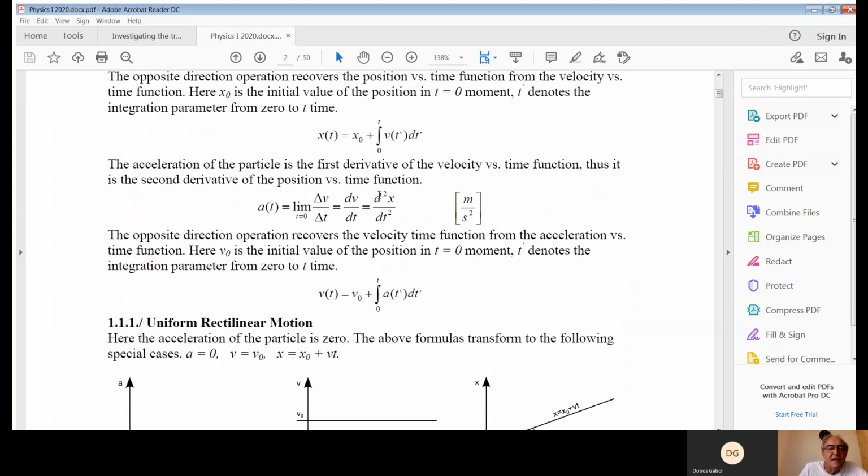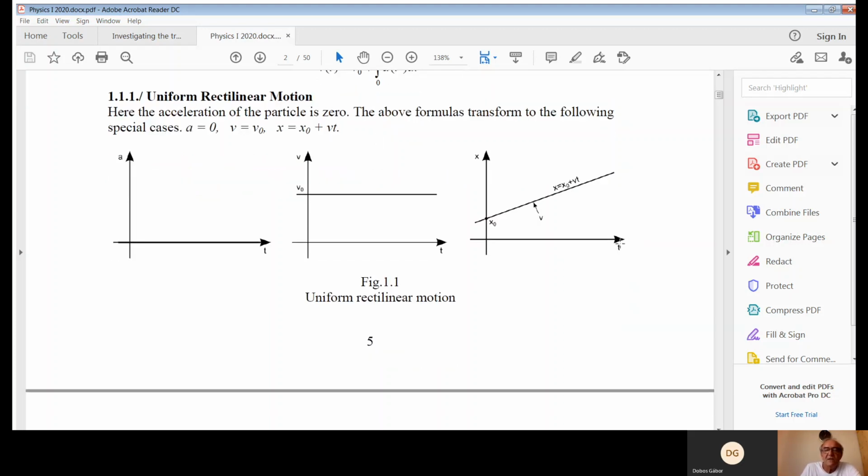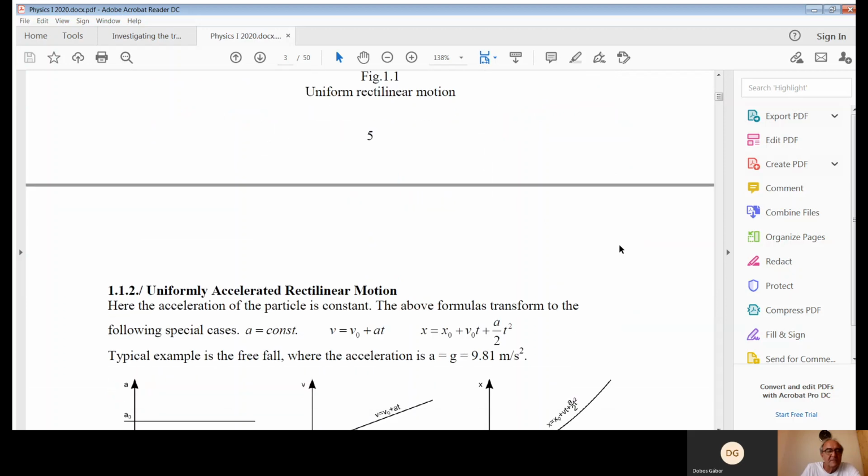And if we integrate this one, a constant integrated will give us this slopey function, right? So that is practically the easiest motion, which is going to happen in a straight line and with a constant velocity. It's an absolutely constant velocity in a straight direction. That is the uniform rectilinear motion.